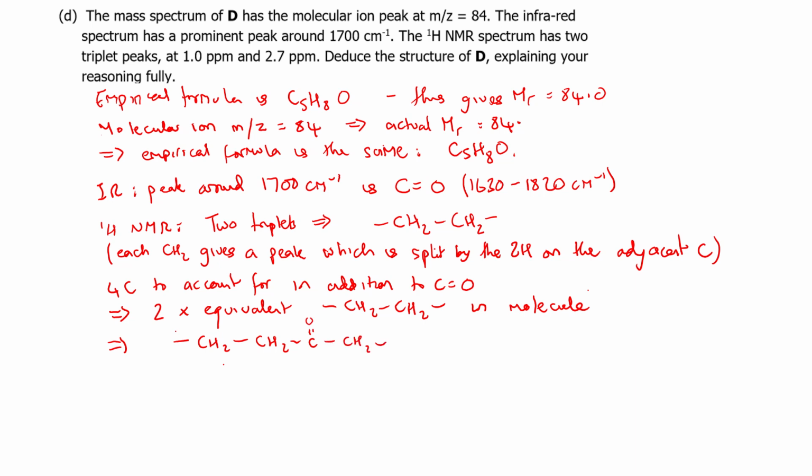Which is fine, and what we do then is say, well, what are we left with that we can use to say what goes on the ends of those? And the answer is, well, nothing at all. We've actually then accounted for all of the atoms in our C5H8O molecular formula.